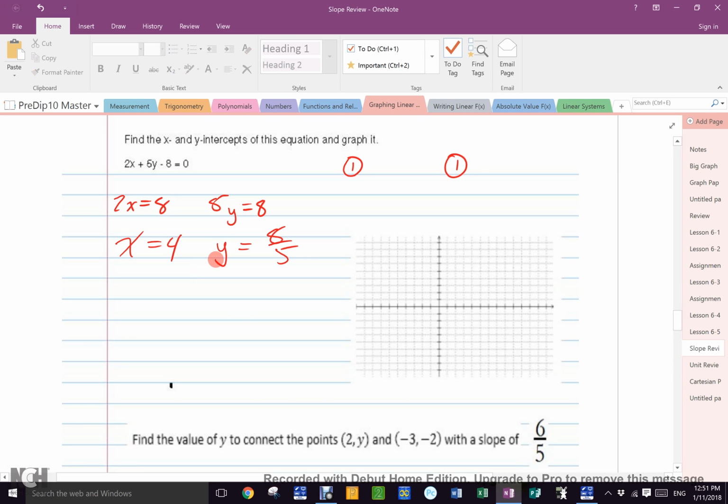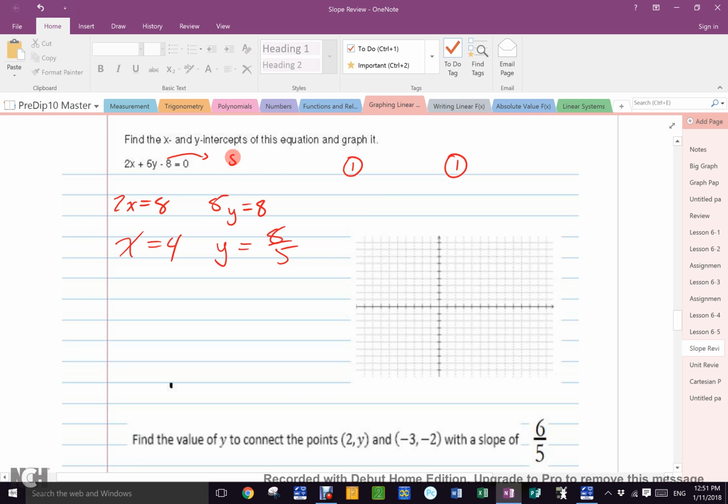All right. So, when you were looking for the x-intercept, the y term drops out. So you had 2x minus 8 equals 0. Then you had 2x equals 8, so x equals 4. When you are looking at the y-intercept, you had 5y minus 8.